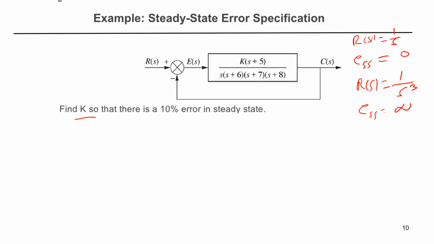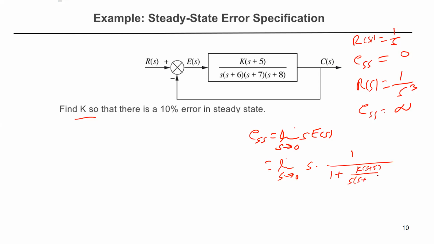So E steady state equals the limit as S goes to 0 of S times E of S, which is the limit as S goes to 0 of S times 1 over 1 plus K over S plus 5, S plus 6, S plus 7, S plus 8, times the input.